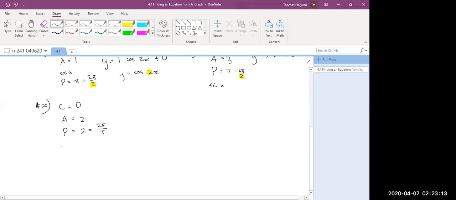Then the shape is sine or cosine? Negative cosine. That's negative cosine, good. So when we put them together, this is y equals negative 2 cosine what? Pi x.